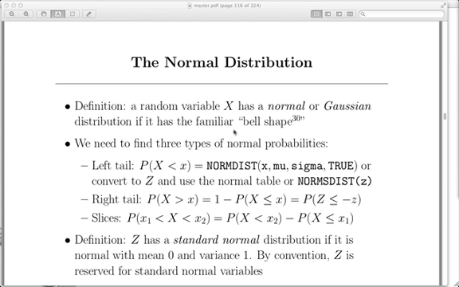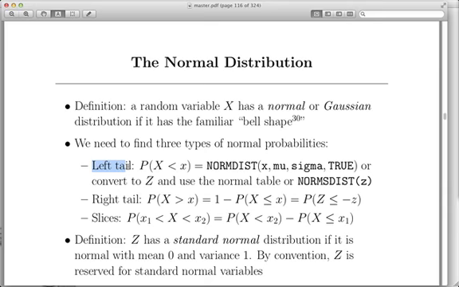It's also called a Gaussian distribution after the German mathematician Carl Friedrich Gauss. When it comes to using the normal curve in this course and other courses here at IMC, we really care about finding probabilities under the normal curve. And there are really three types of probabilities that we care about. Either we're going to care about finding the area in the left tail of the normal curve.